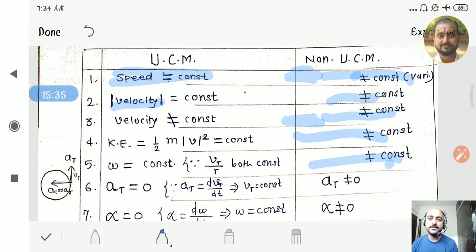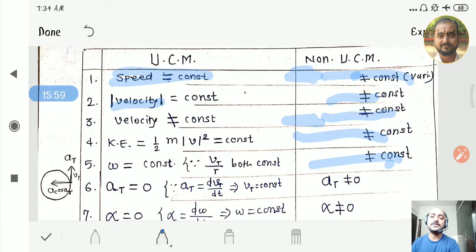Okay, so listen friends, what I am saying again, all the parameters that are constant in uniform circular motion are not constant in non-uniform circular motion. They have a certain value, whatever it may be, but a non-zero value.